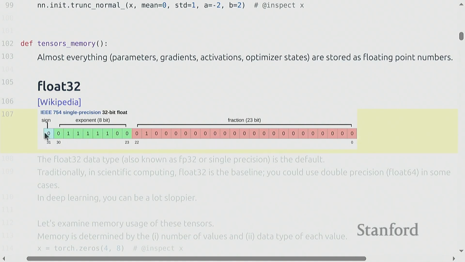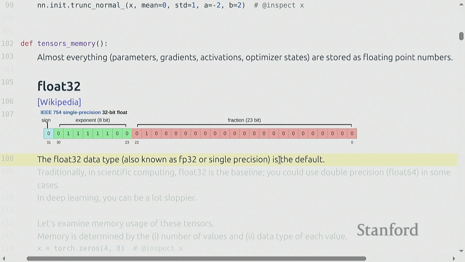They're allocated 1 for sign, 8 for exponent, and 23 for the fraction. So exponent gives you dynamic range, and fraction basically specifies different values. So float 32 is also known as FP32 or single precision. Is sort of the gold standard in computing. Some people also refer to float 32 as full precision.